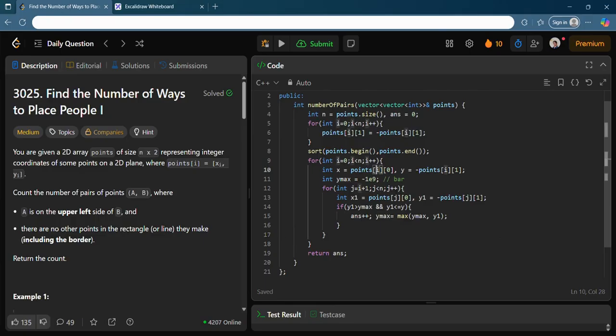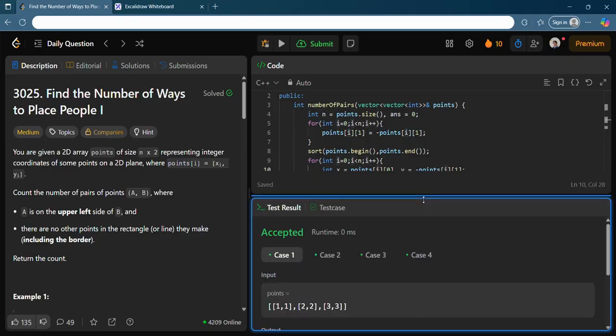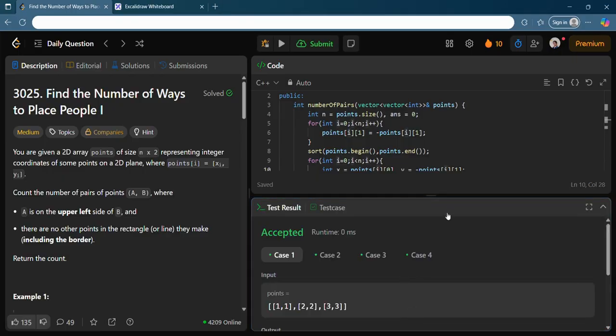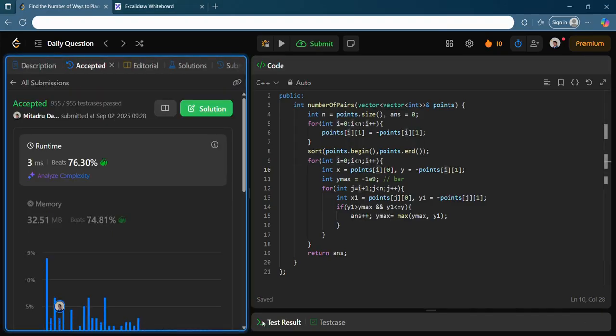Now if we try to run, you see we did get the accepted case. If we finally submit it, you see it works with quite okay runtime and memory. You are doing an O of n square solution, and it's not that bad.